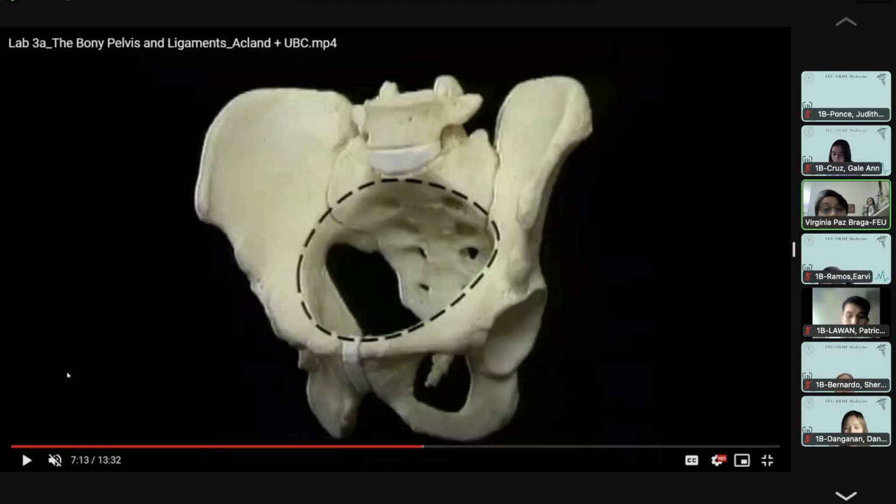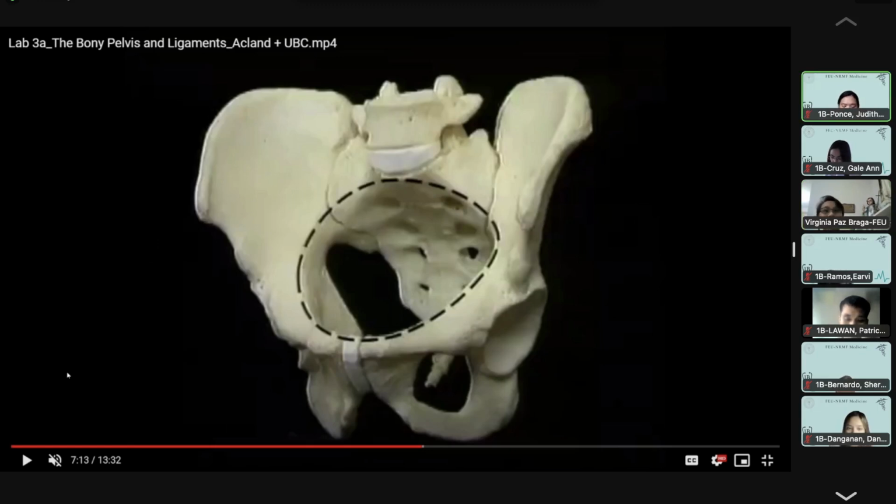That was Dr. Judith? Bernardo po. Okay, Dr. Bernardo. Sige, thank you. So that's the pelvic brim according to Dr. Aklan. Dr. Judith, you raised your hand. Is there another name for that? Pelvic inlet po.